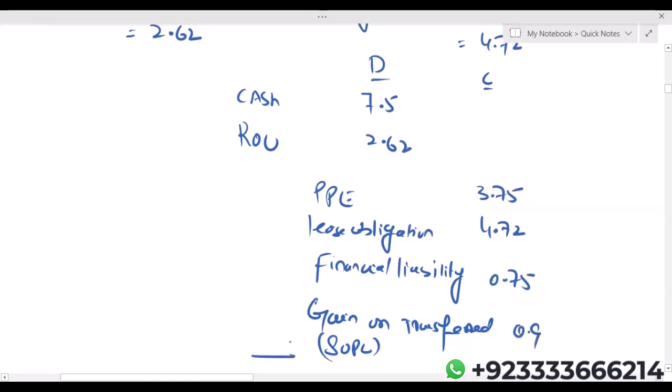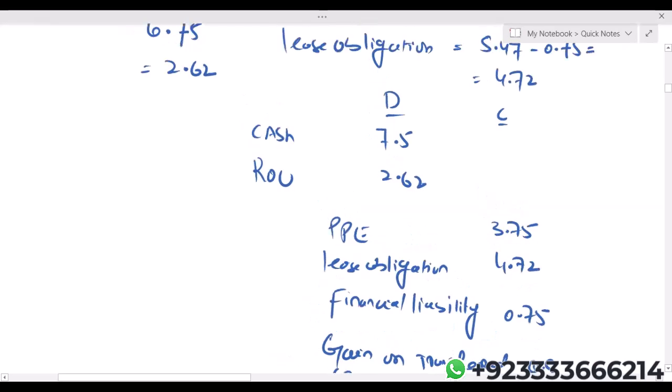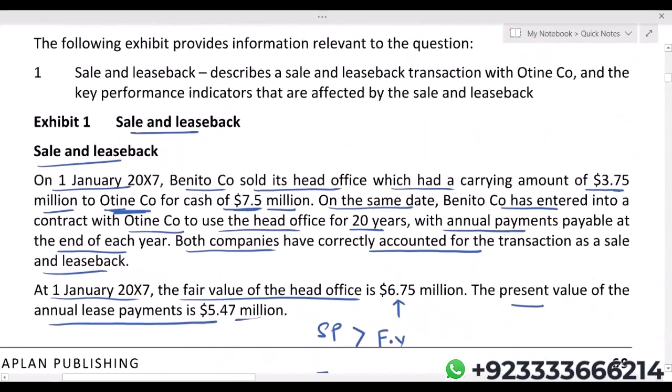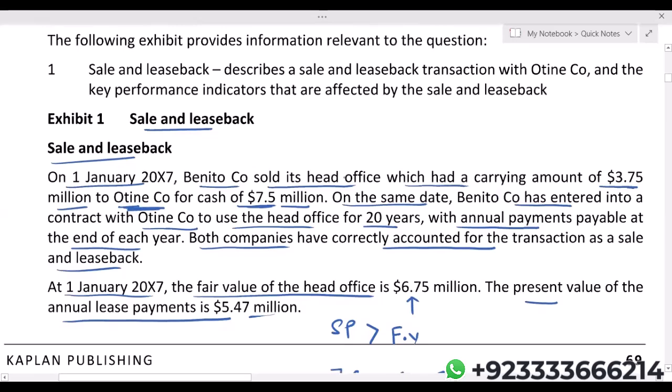Now the question is why we are de-recognizing property, plant and equipment. This is the question. Benito company sold what? Head office. So you can use the term property, plant and equipment. Got it? Okay.